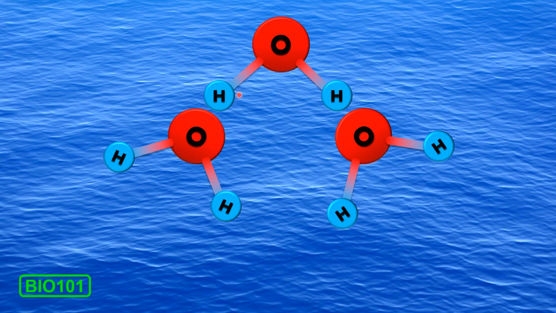But you'll notice here that this oxygen has two hydrogens, and so as a result, two different water molecules can be attracted to this water molecule by way of hydrogen bonds between adjacent water molecules. And if we add a fourth one, can you guess where it might go? Where it might fit in this arrangement?